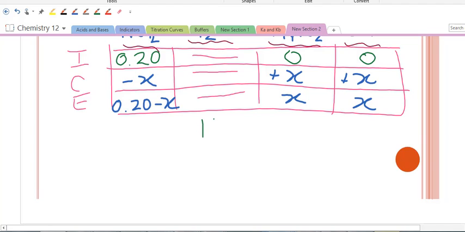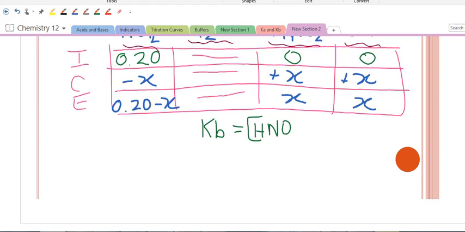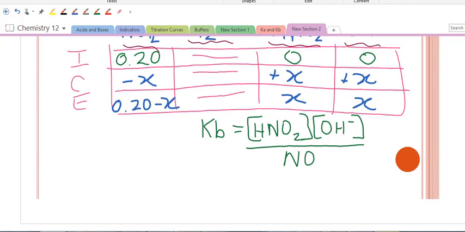So Kb will be equal to the concentration of the HNO2 multiplied by the concentration of the OH minus divided by the concentration of the NO2 minus. And we can plug in our values from our ice table, and both our products on top will be x. So we will have x squared divided by 0.20 minus x.